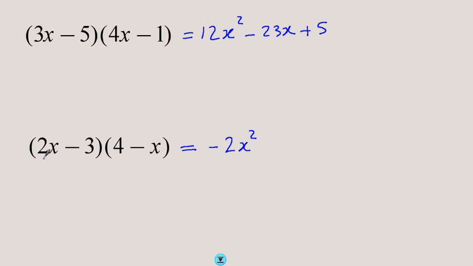The x term is obtained by multiplying the 2x by the 4, which is 8x, and the minus 3 by the minus x, which is 3x. So 3x plus 8x is 11x. And the constant term is obtained by multiplying those two, which gives us minus 12. And you notice that my answer is still arranged in a neat order with the descending powers of x.